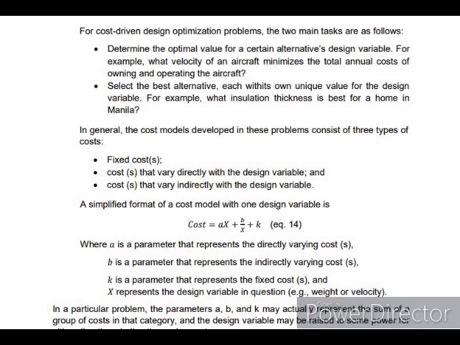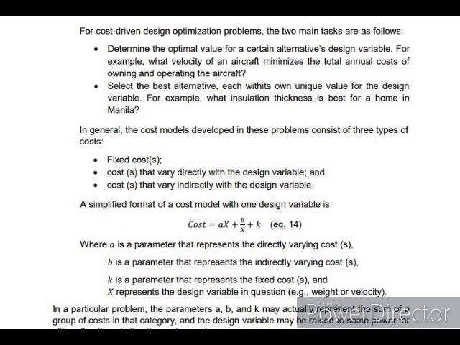Where a is a parameter that represents the directly varying cost. Okay, so take note of that. Next, b is a parameter that represents the indirectly varying cost. Okay, so while a is directly varying cost, b is indirect. Next, k is a parameter that represents the fixed cost.